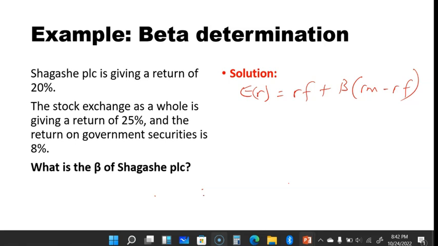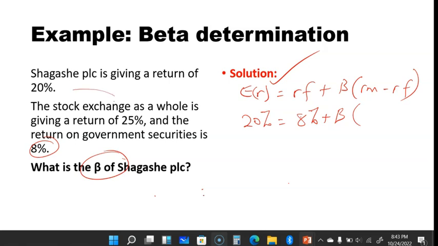Now, Shagasha PLC is giving a return of 20%, and the return is this amount, the KE. Okay, so 20% is equal to RF. The RF is 8%, which is the return on government securities. So that's 8% plus beta, because you are required to calculate the beta. Then the return on the market, the stock exchange is the market.